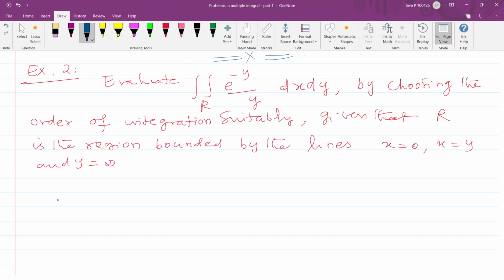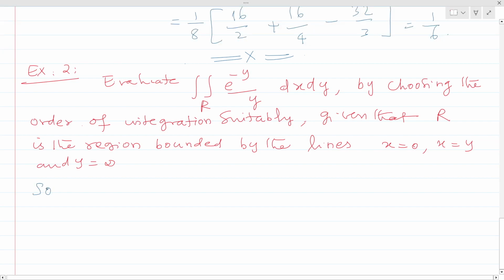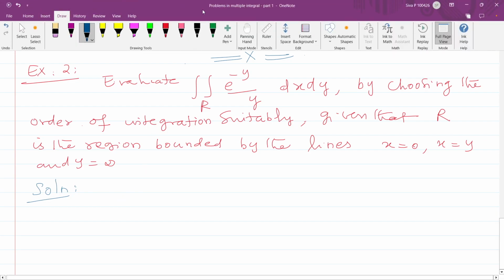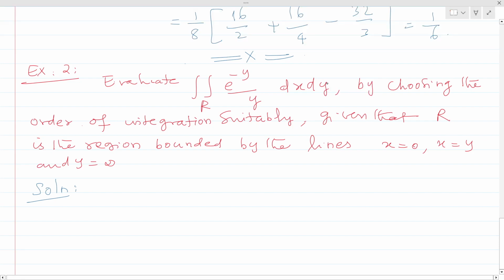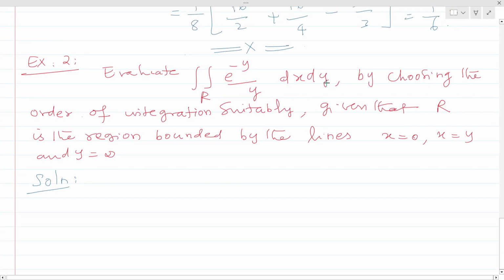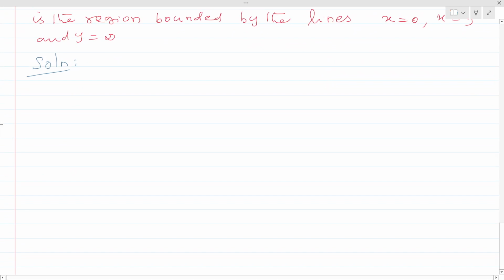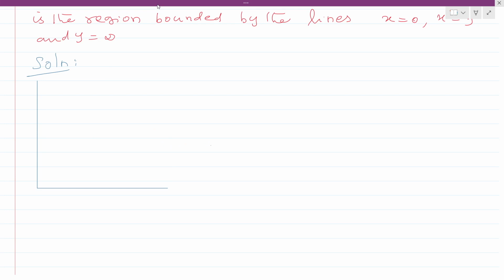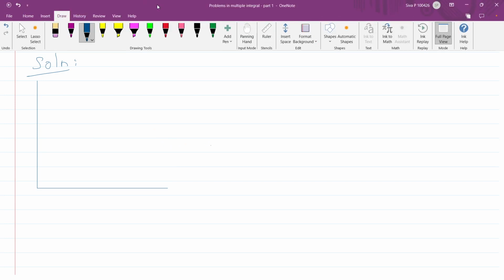For any problem, first we have to draw a rough sketch. So can we draw the rough sketch? First we take the axes, x-axis and y-axis, in the corner. Now we can choose the points.